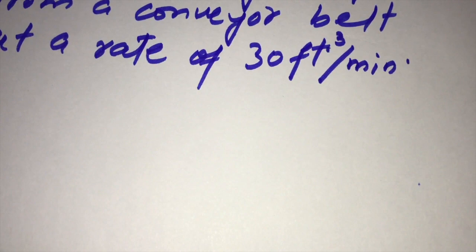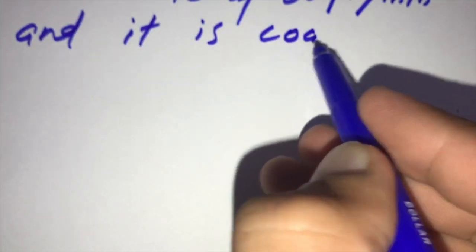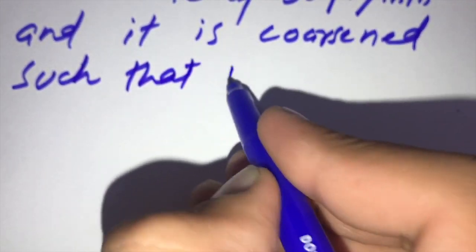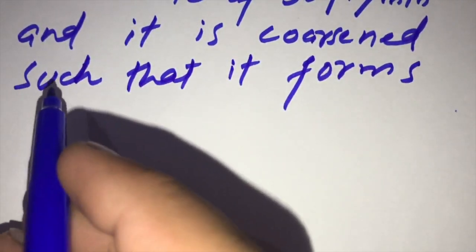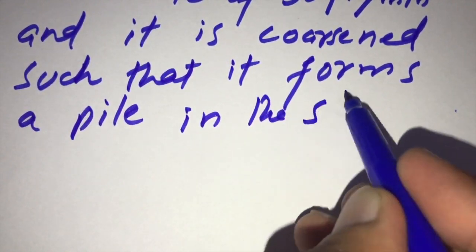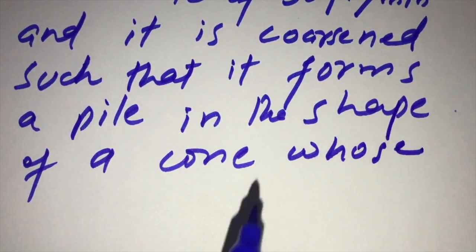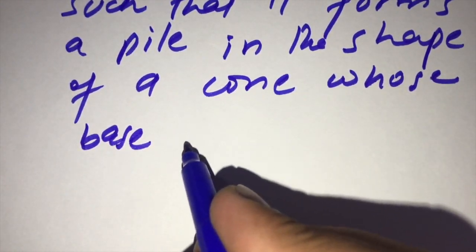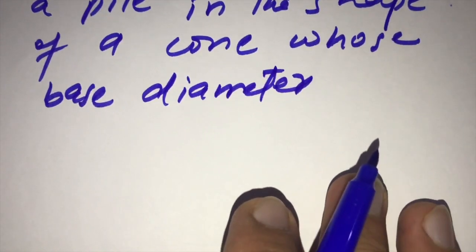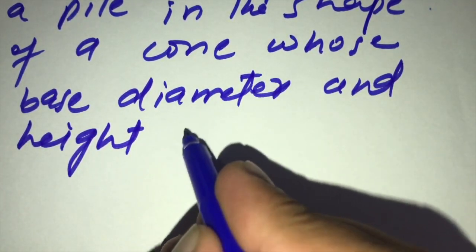Okay, and it is person such that it forms a pile in the shape of a cone whose base diameter and height are always equal.